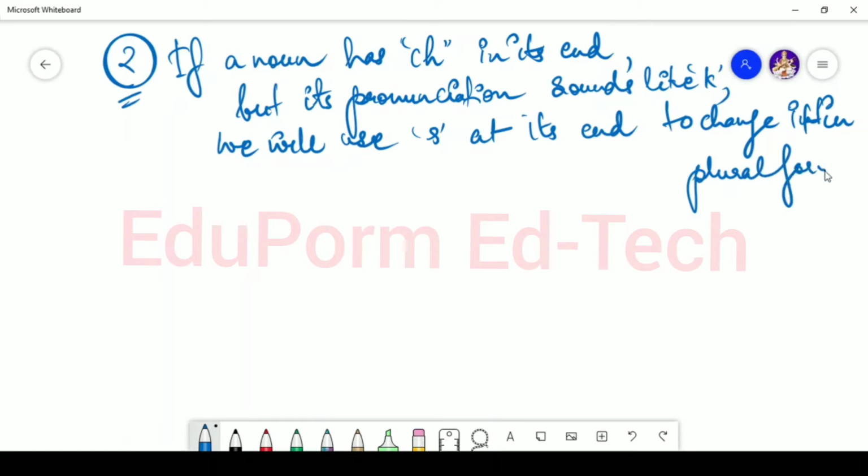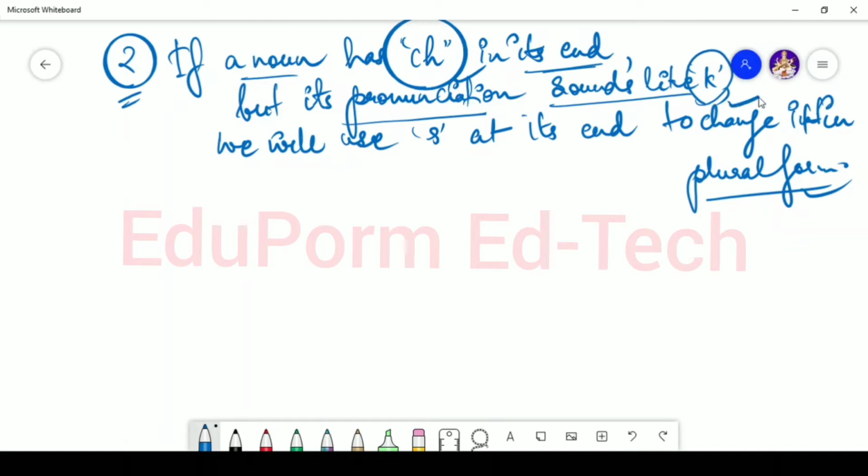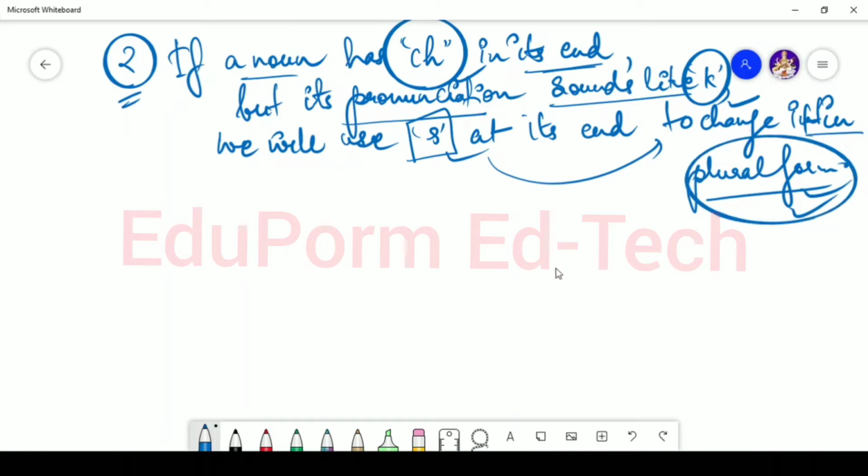Now what does the sentence here say to you? The sentence says that if a noun has CH in its end but its pronunciation sounds like K, in that case we will use S at its end to change it in plural form.